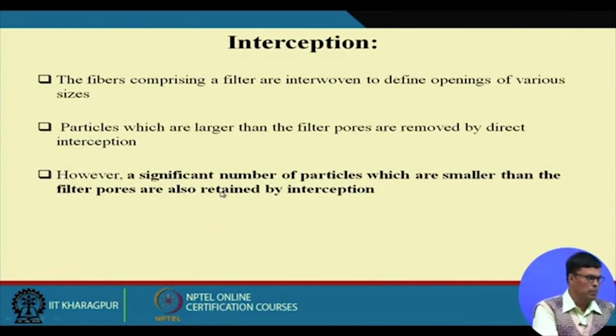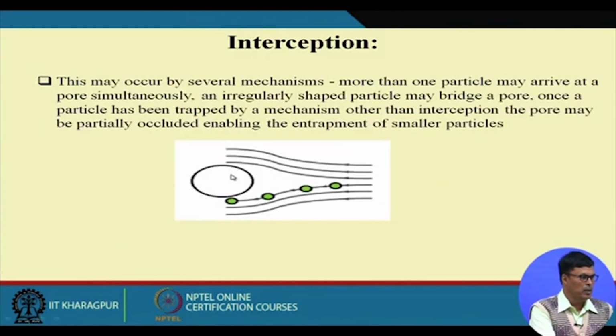Then let me explain what we call interception. Interception means that when the particle moves along this line, the particle intercepts with the fiber and is just deposited on it. Now, when is it possible?